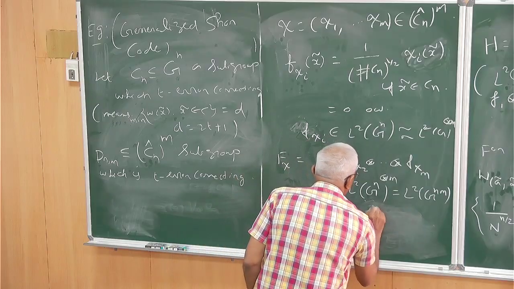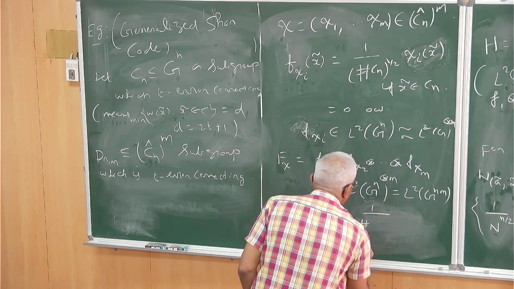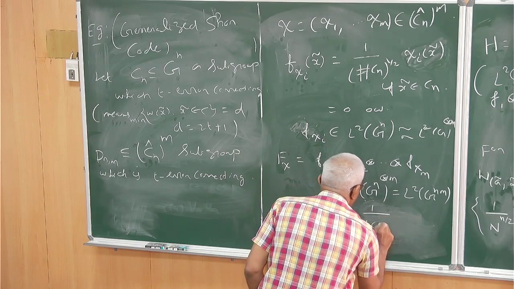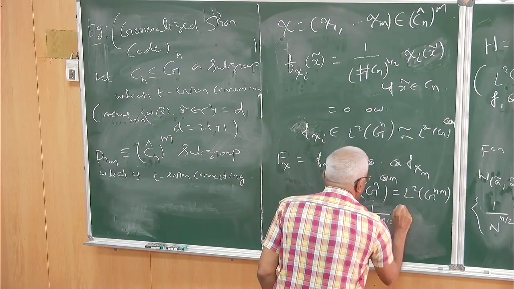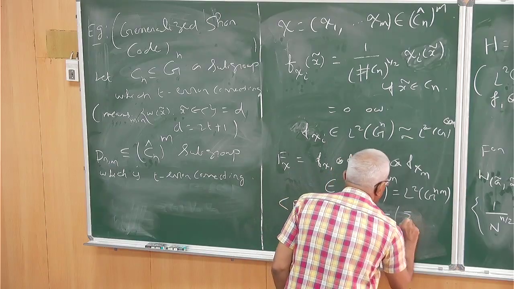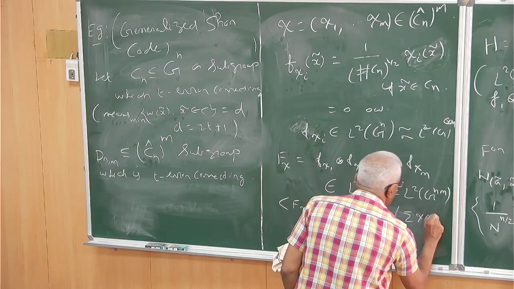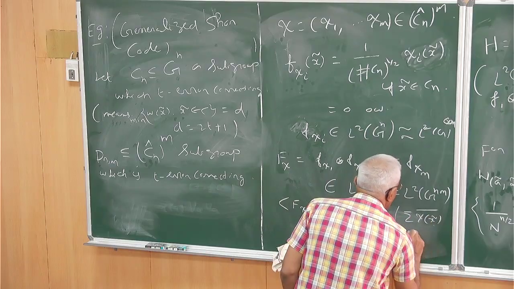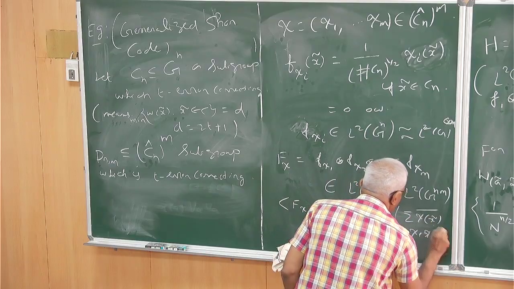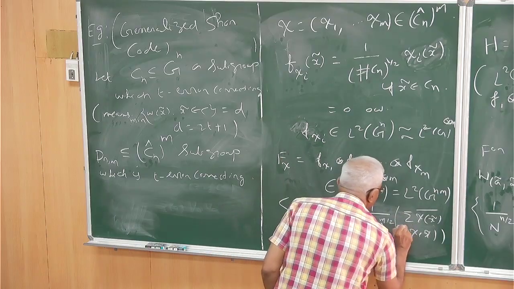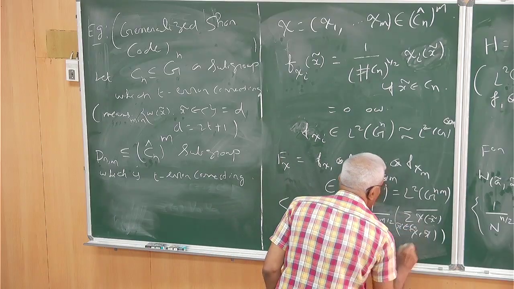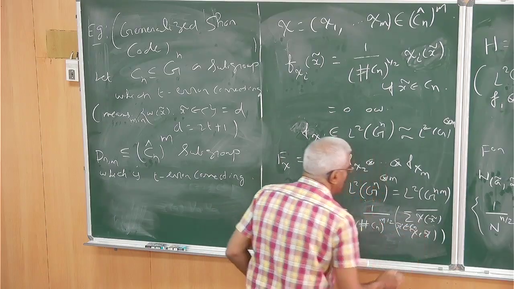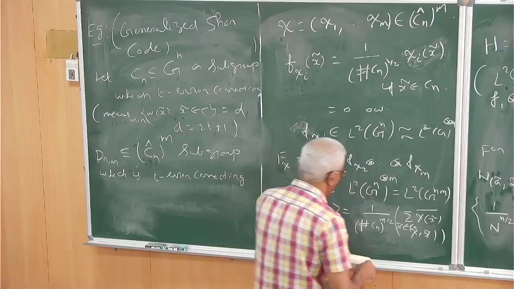Which is just 1 by the number of elements in Cn power m by 2, into the summation of chi of x tilde bar chi of x tilde, where x tilde is in Cn hat power m.